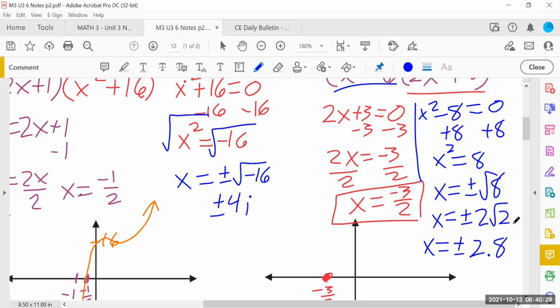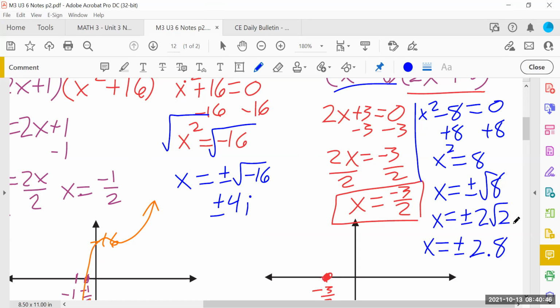What does it tell you? Still E down at the bottom for error. This one does not have a real answer. That's why we had to put the i on it. That's why it doesn't fit on our graph. The plus or minus 2.8 does.